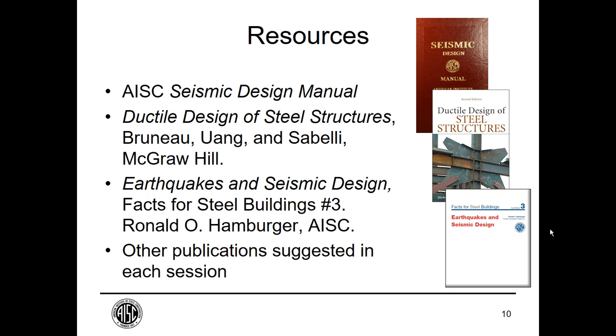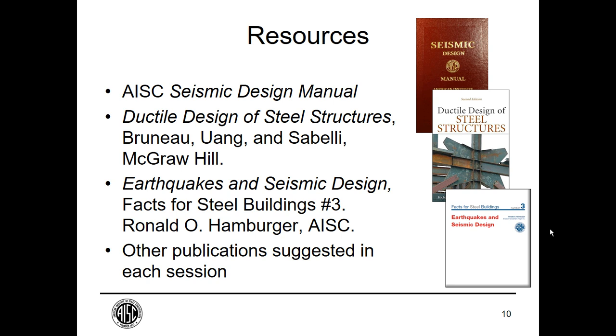I think it's useful for me to offer to you some additional resources that you can turn to. The resources that I've identified for this class include the AISC Seismic Design Manual, which relates very closely to the design examples that I'm going to present. Ductile Design for Steel Structures, a textbook, primary authors Michel Bruneau and Chai-Ming Wang, and I also participated in the writing of this textbook.